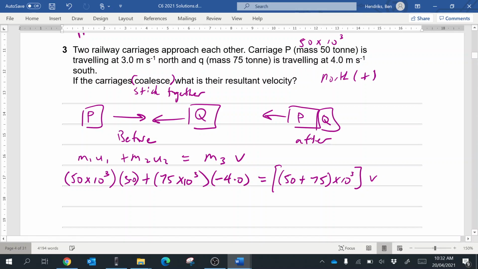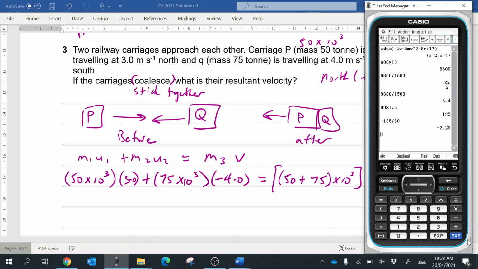So let's work all of these out. We're going to put these into our calculator. We have 50 times 3, and subtract 4 times 75, so it's negative 150.